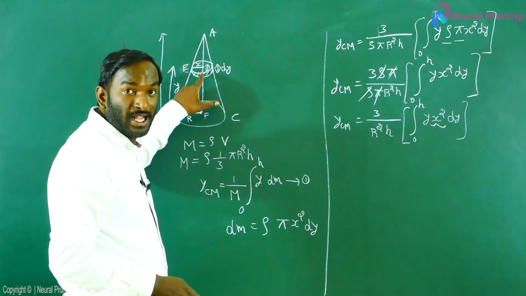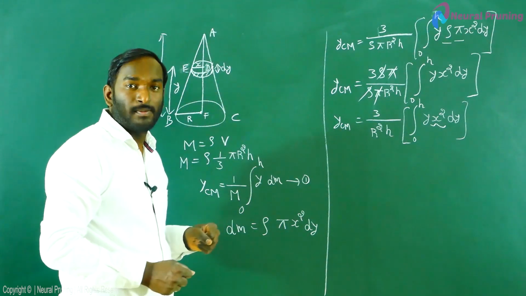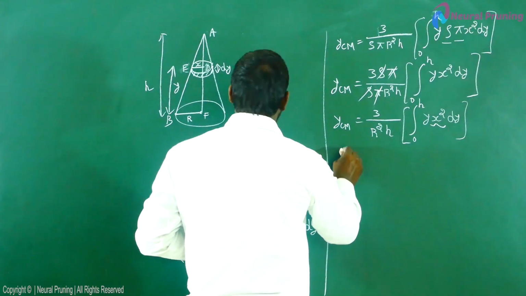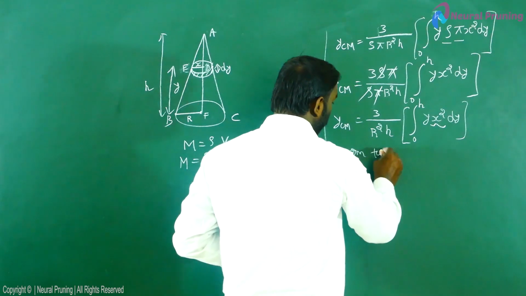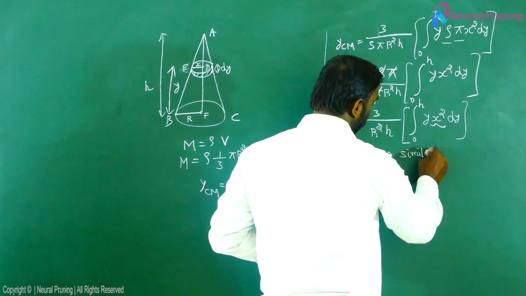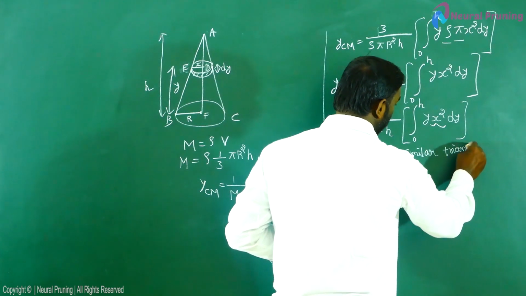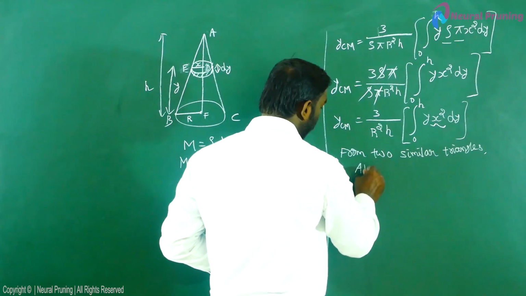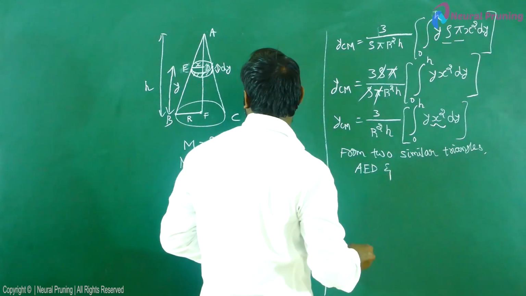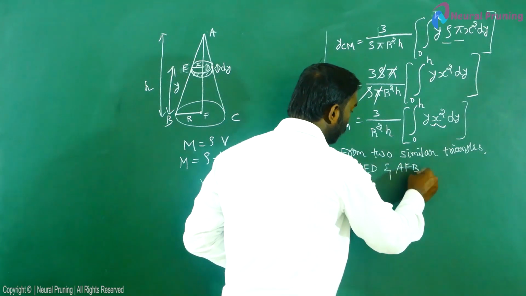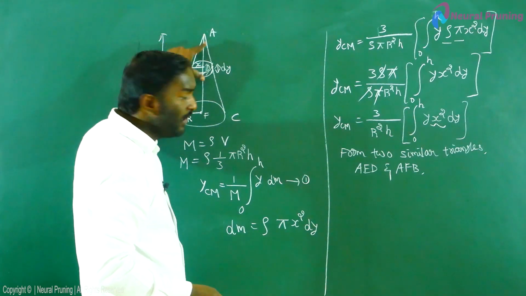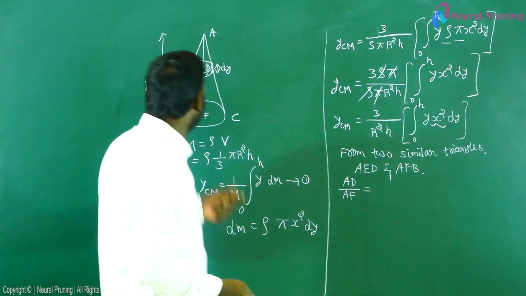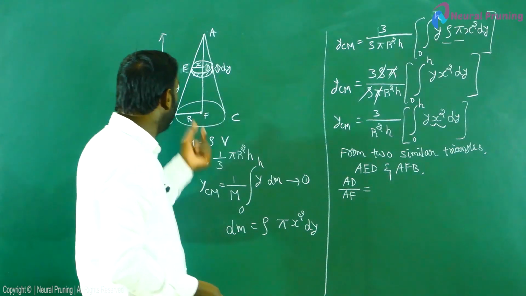See, these are the two similar triangles. ADE is similar to AFB. From two similar triangles AED and AFB, AD by AF is equal to DE by FB.